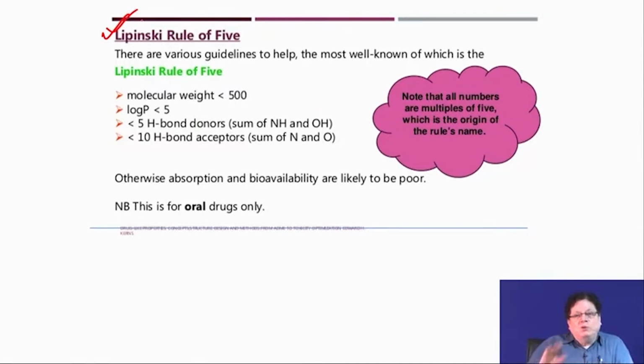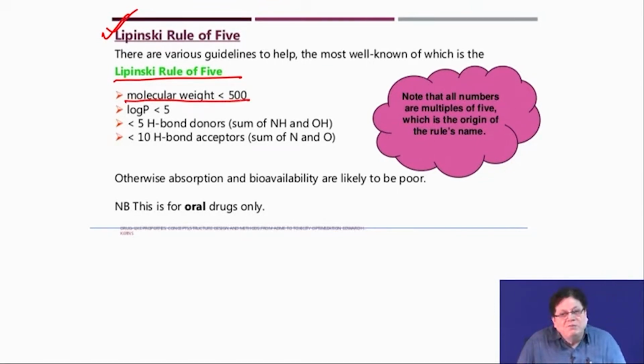Lipinski made some rules which are called Lipinski's rule of 5. Rule of 5 does not mean that there are 5 rules. Rule of 5 means that whatever numbers are shown here, they are either 5 or multiples of 5. So, Lipinski's rule of 5 says that whenever you select a molecule that may be a possible drug, first check its molecular weight; if it is greater than 500, then discard that.